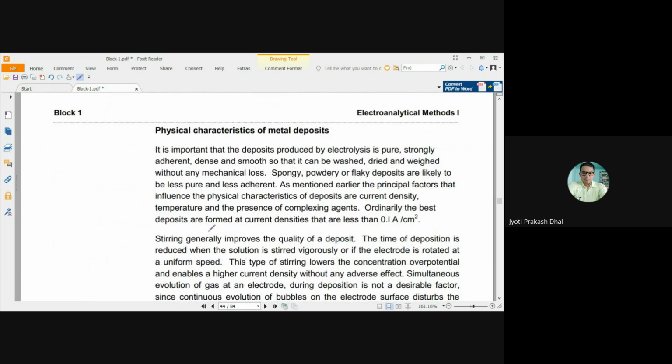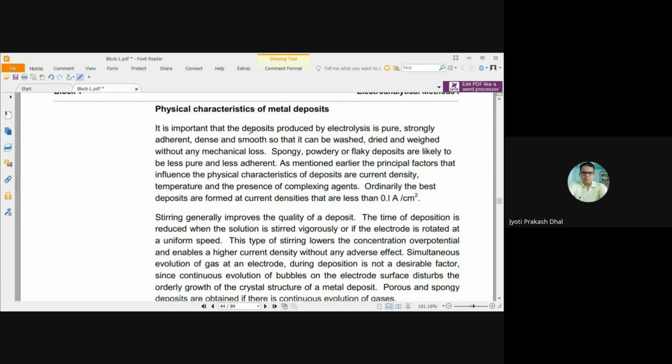So now coming to the physical characteristics of the metal deposited, it is important that the deposits produced by the electrolysis are pure, strongly adherent, dense and smooth. We know that during electrolysis, either a solid substance will be deposited on the electrode or some gaseous substance will be liberated. The deposit should be one that can be washed, dried and weighed without any mechanical loss.